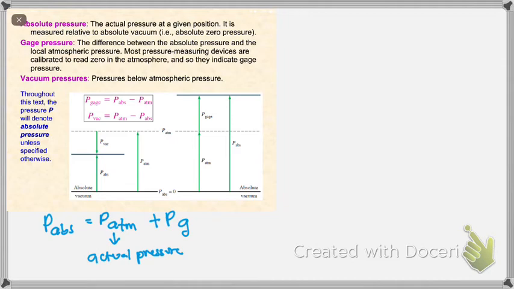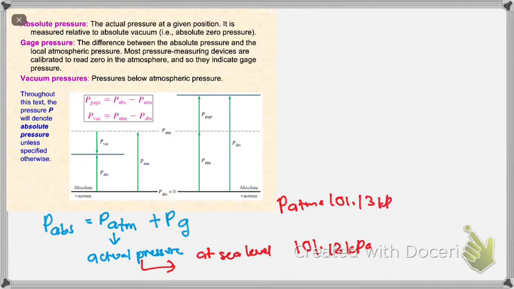The standard value for your P ATM at sea level is 101.13 kilopascal. So P ATM is equal to 101.13 kilopascal, or equal to 1 ATM, or equal to 760 millimeter mercury. That is the standard pressure at sea level.